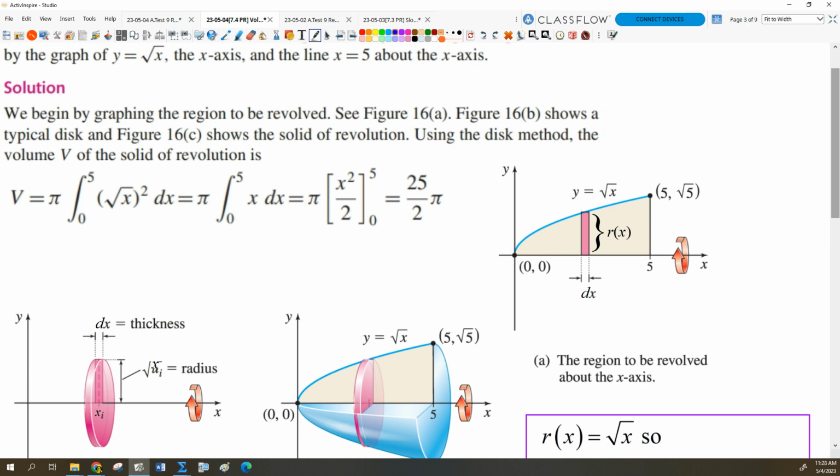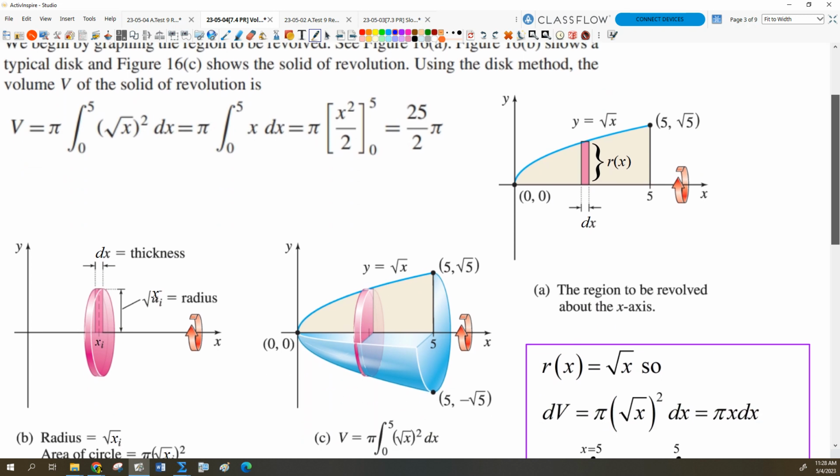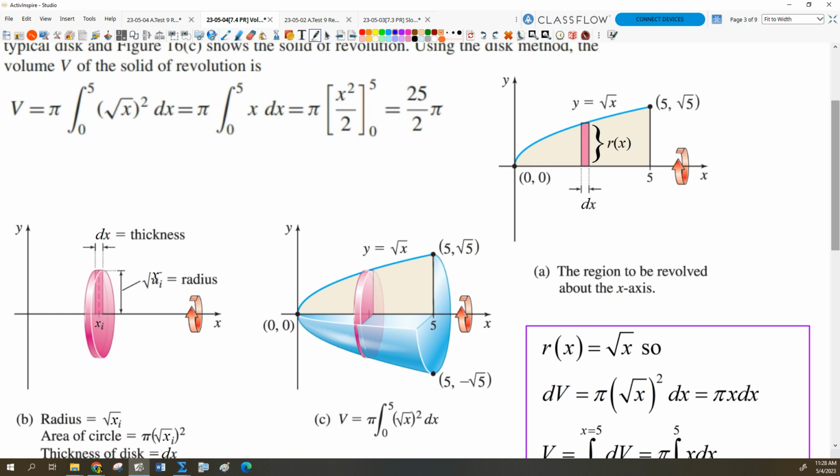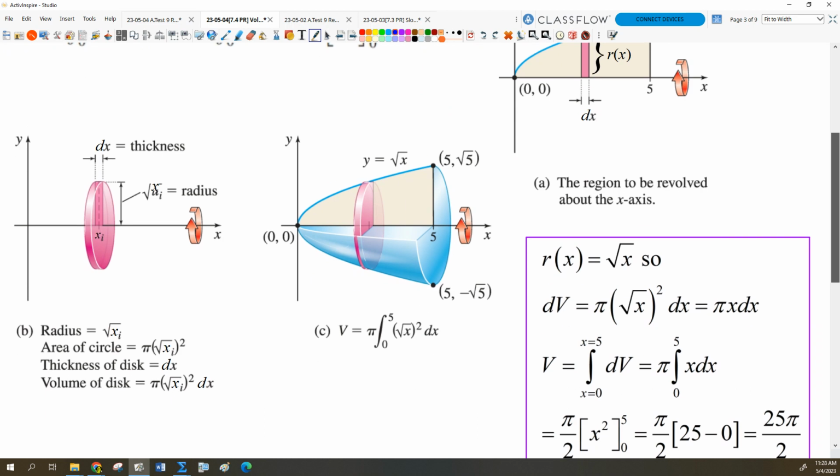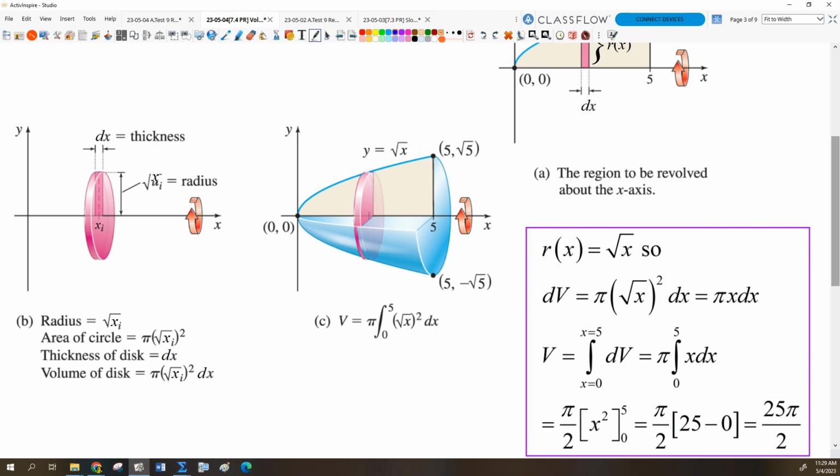Well, we've got to add up all the disks that we create. So what's going to define our disk? Well, the radius of the disk is just going to be, in this case, square root of x, isn't it? Everybody agree? It's defined by that function. So r of x equals the square root of x.